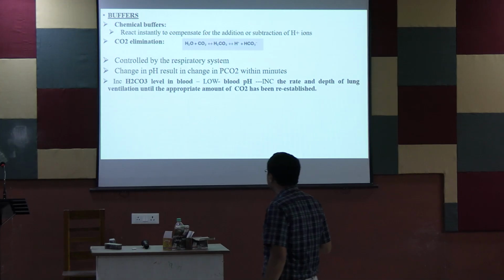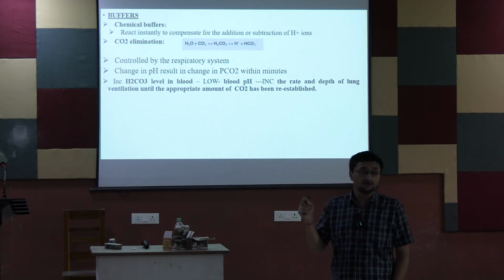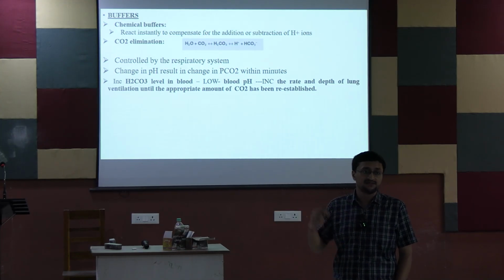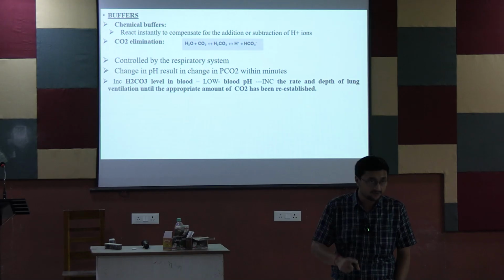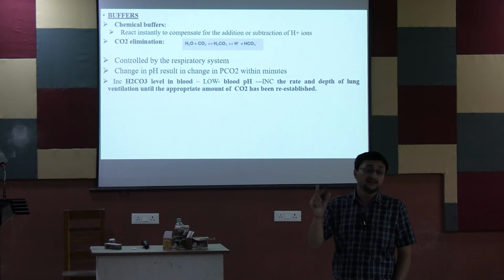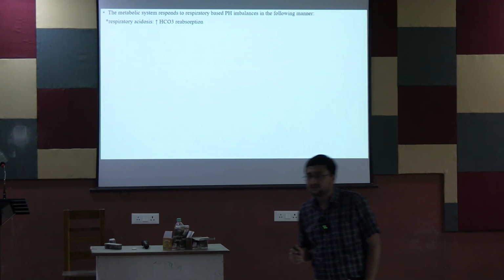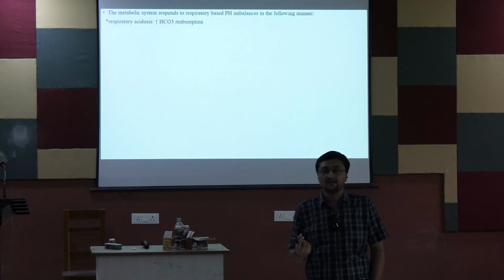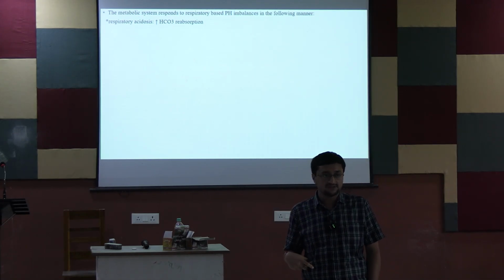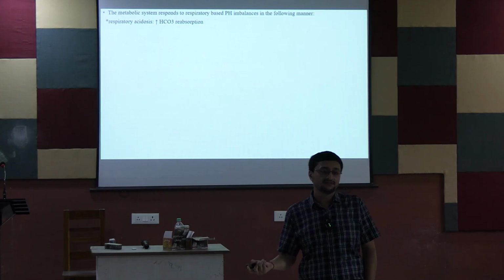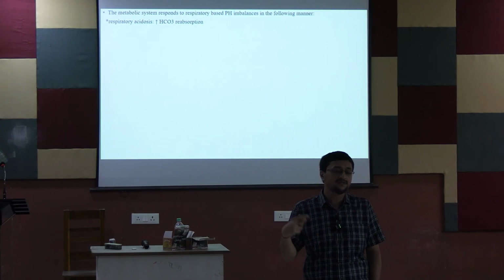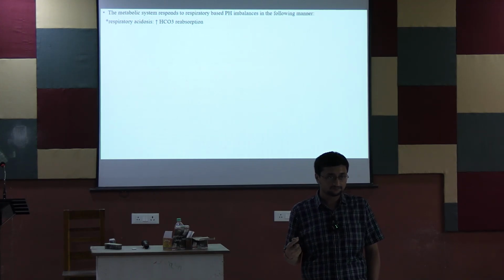So change in pH result in change in PCO2 occurs within minutes, but change in pH due to bicarbonate change occurs within days. So in respiratory acidosis there is increased bicarbonate reabsorption inside the kidney, and the vice versa will happen at the time of respiratory alkalosis.